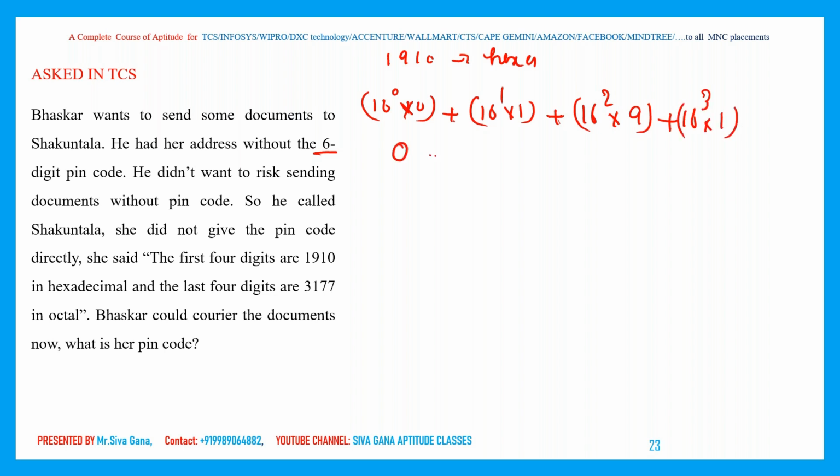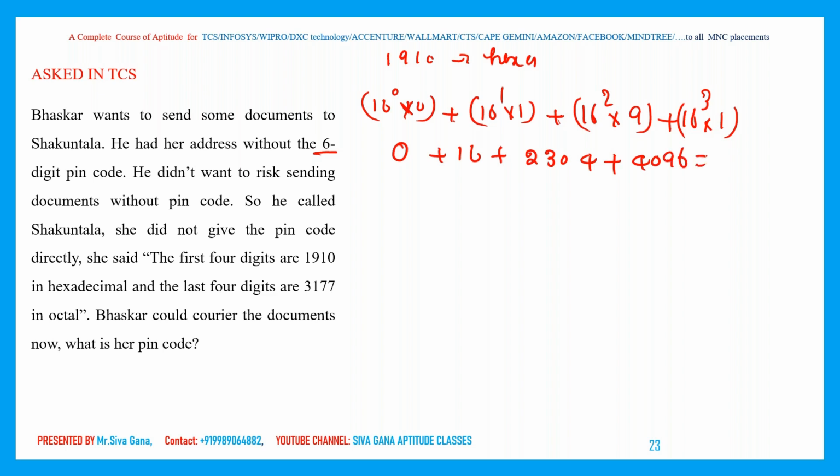The base is 16. 16 squared is 256, into 9 is 2304. 16 cubed is 4096.